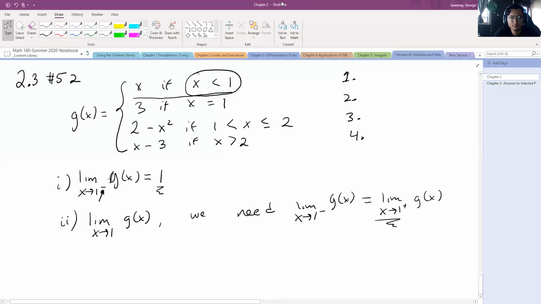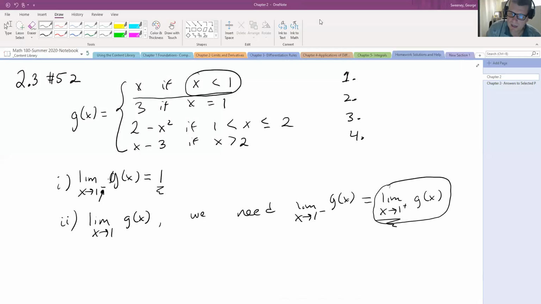Third one? Yep. Okay, so this one right here, that's going to be it. It's number 3, because we've got x greater than 1. So we're looking at the limit as x approaches 1 from the positive end of 2 minus x squared.